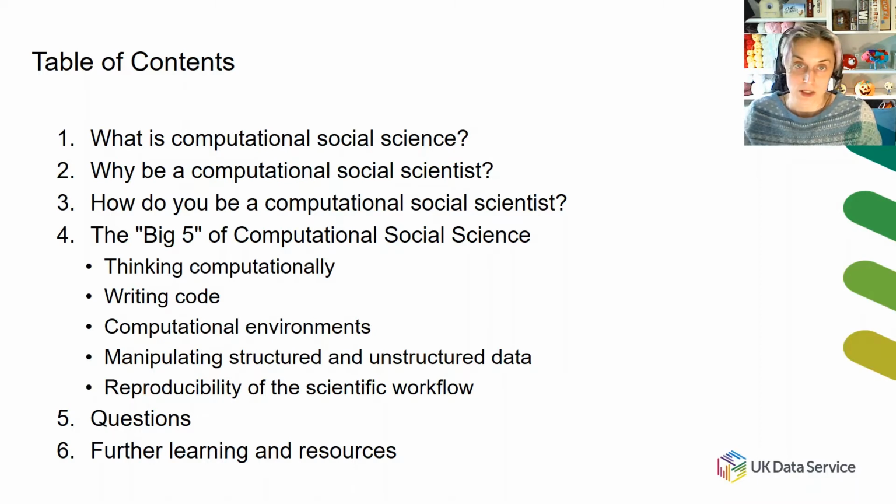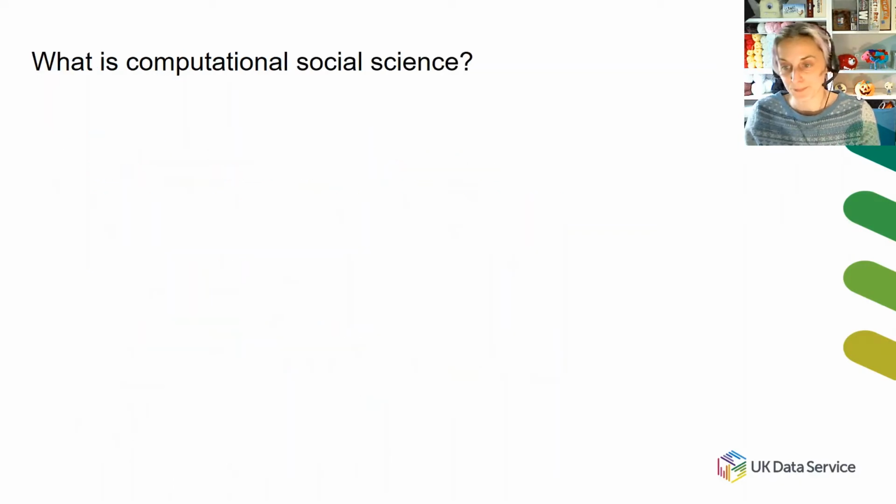So our table of contents covers what is computational social science, why be a computational social scientist, how to become a computational social scientist, and the big 5 concepts that you need to know. There'll be time at the end for questions, and then we'll have some links to further materials that may be of interest to you. So fundamentally, what is computational social science?